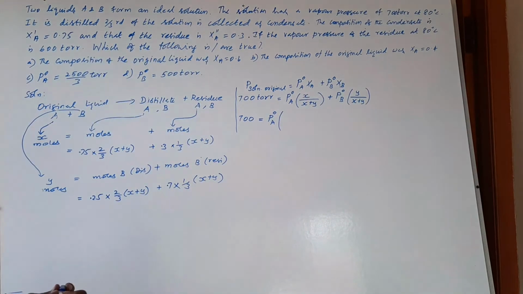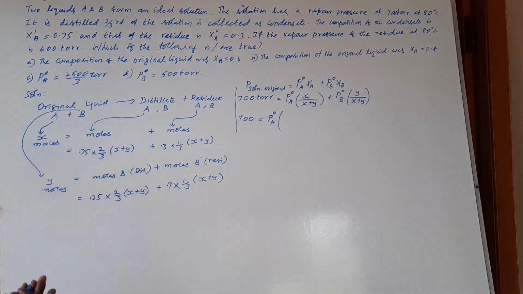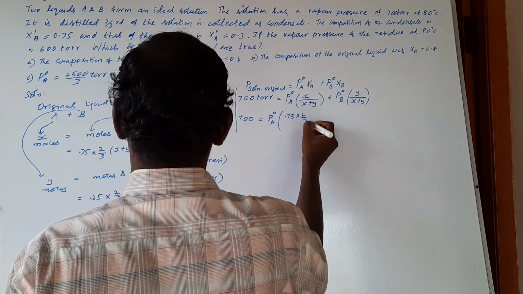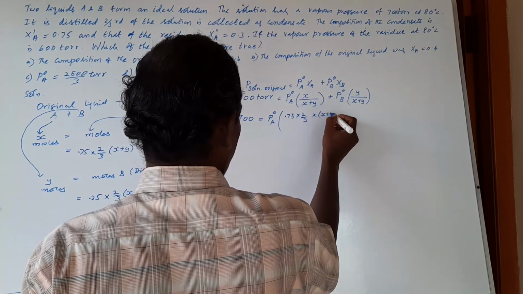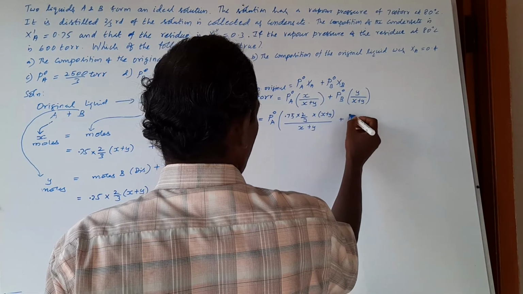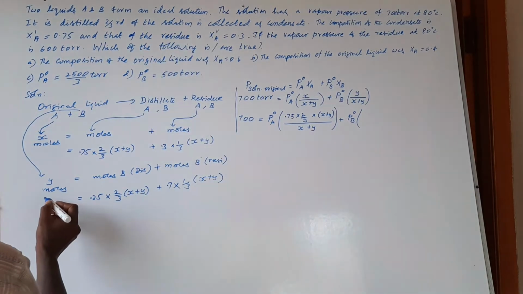Now X we will substitute from here. X is equal to 0.75 into 2/3 into X plus Y by X plus Y. Then P0 B into Y moles. Let us substitute Y moles from here.